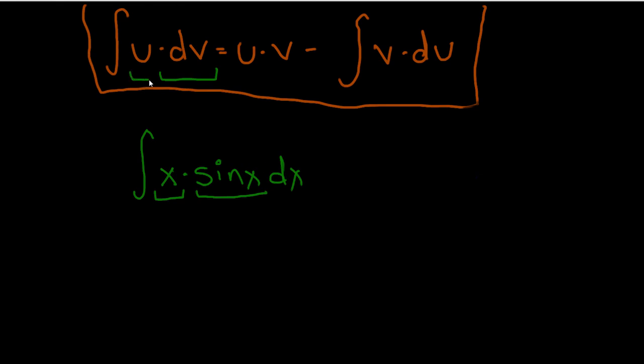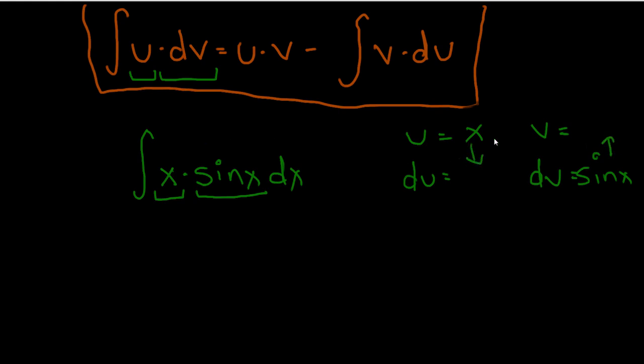Okay, so now let's make a chart and say u equals x, we'll put du equals, and then v equals, and then dv equals sine of x. Okay, so now we need to solve for these two.